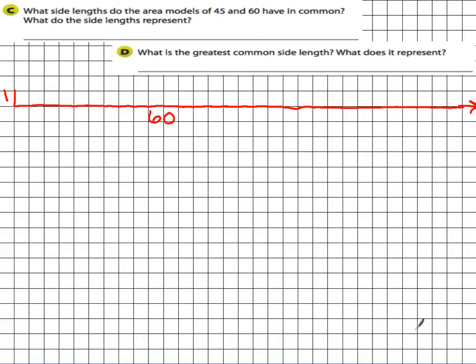Okay, so then now, since I know 60 is divisible by 2 because it ends in a 0, I could do 2 by 30. Fortunately, I already counted that all of these are 30. So 2 by 30.